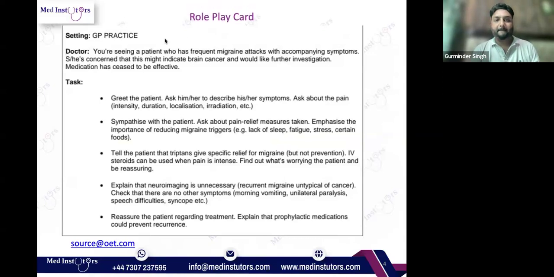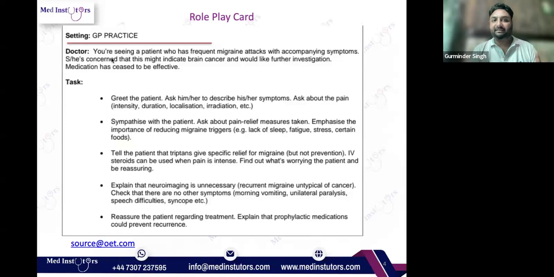Here we have settings. Now settings are where this conversation is going to happen. So that's called setting. It's written GP practice, general practitioner's practice, or GP practice, we call it. Now, settings can be changed in different cards according to different situations.